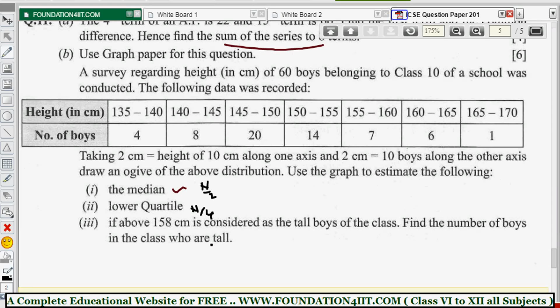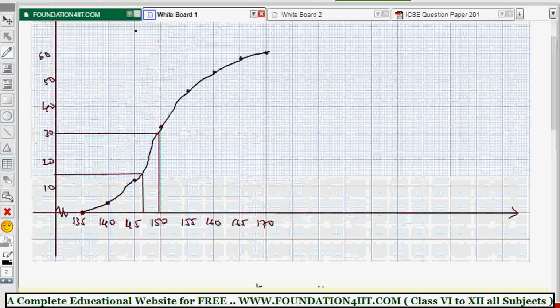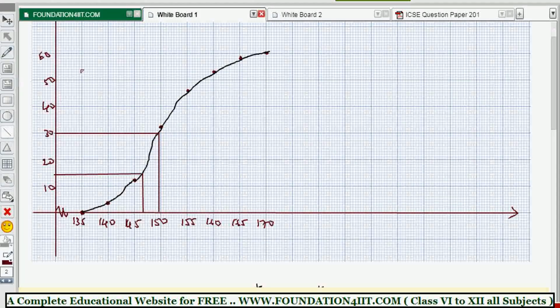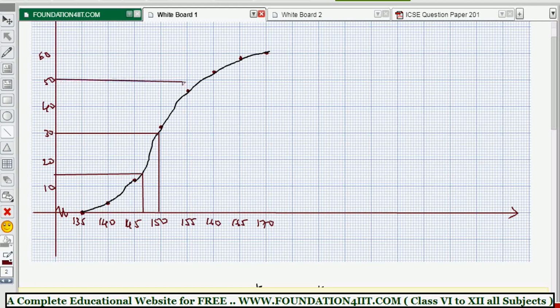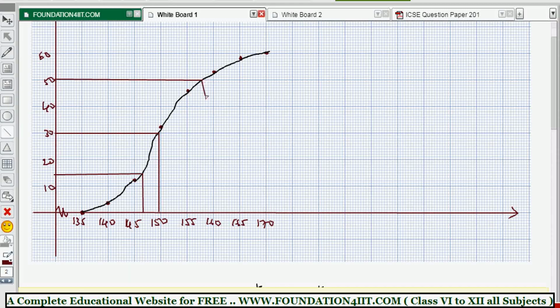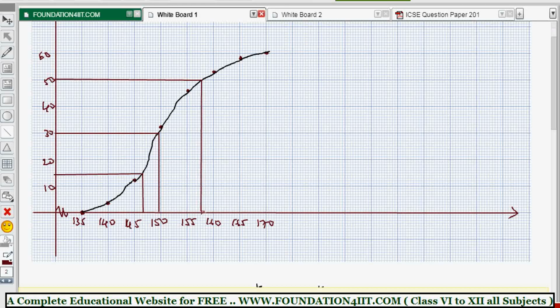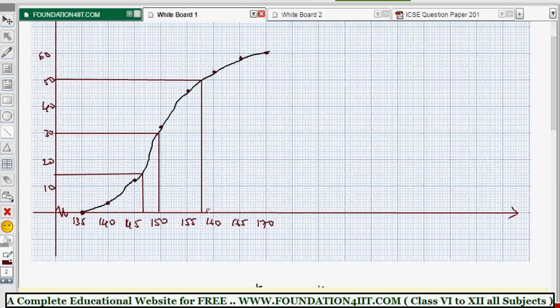So for 50 students you can take a straight line. From 50, if you take a straight line, then you join 155, 156, 157, 158 approximately. Yes, exactly 158.